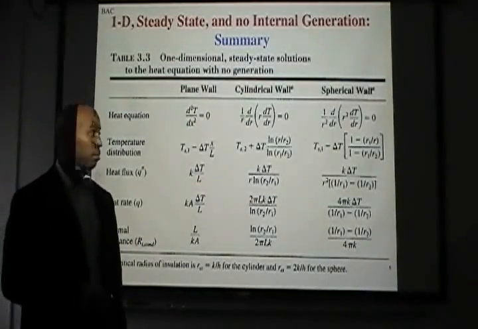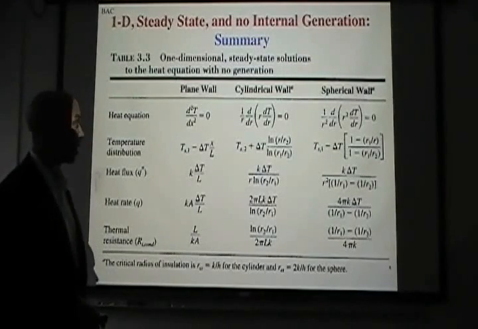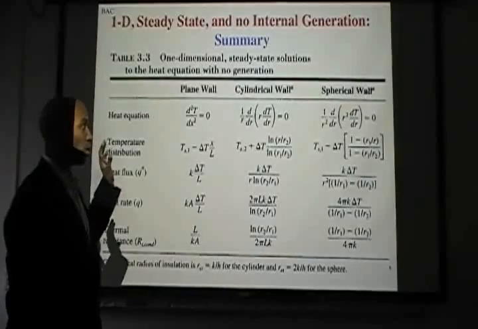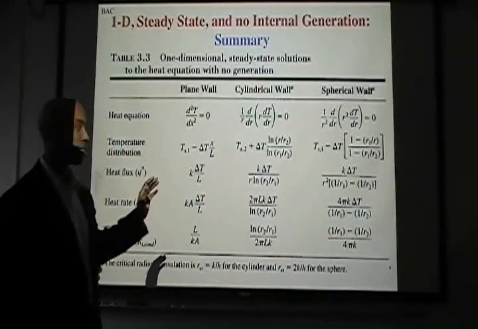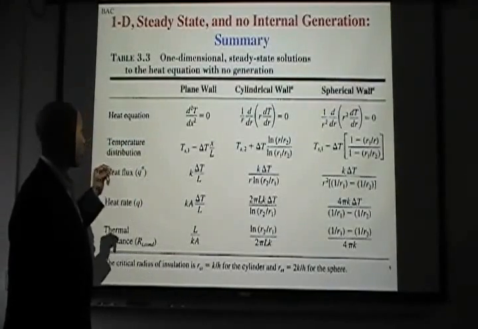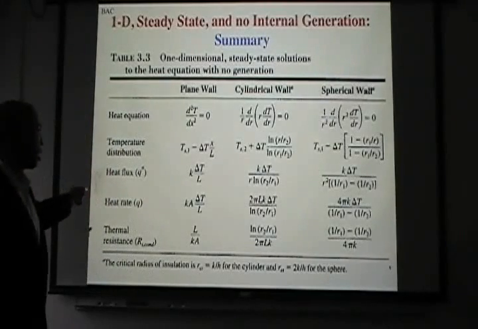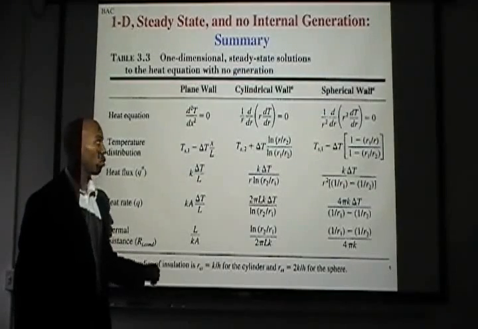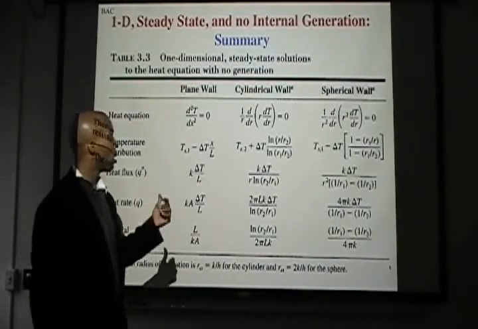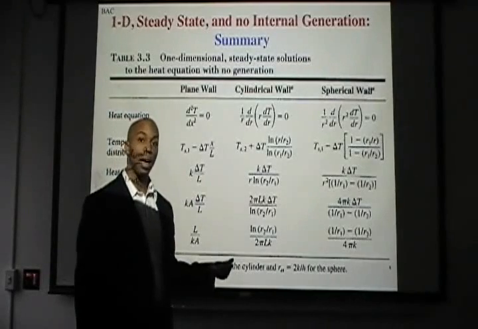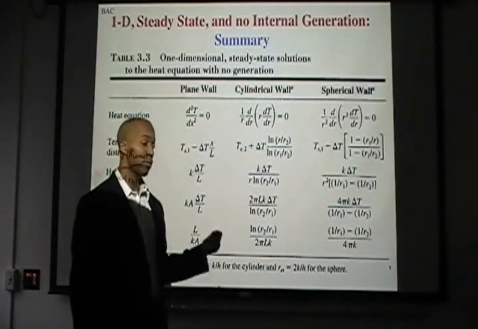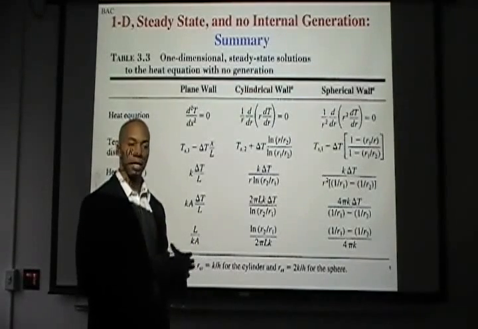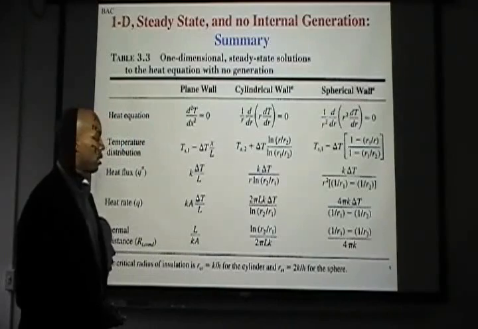And this is a plot from your book. This is table 3.3 that presents concisely the heat equation, the temperature distribution, the heat flux, the heat rate, and the thermal resistance for the case of a plane wall, of a cylindrical pipe or wall, and a spherical system or a wall.